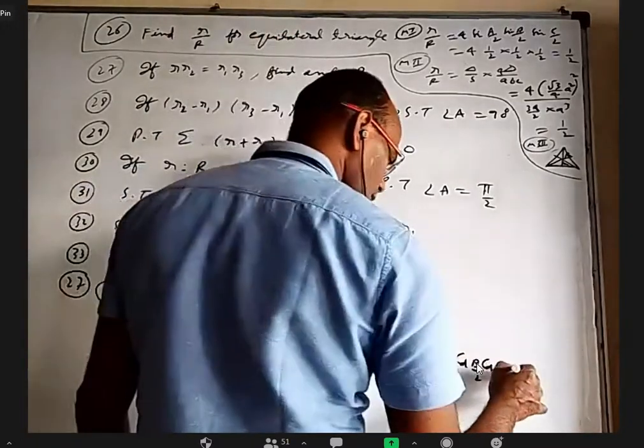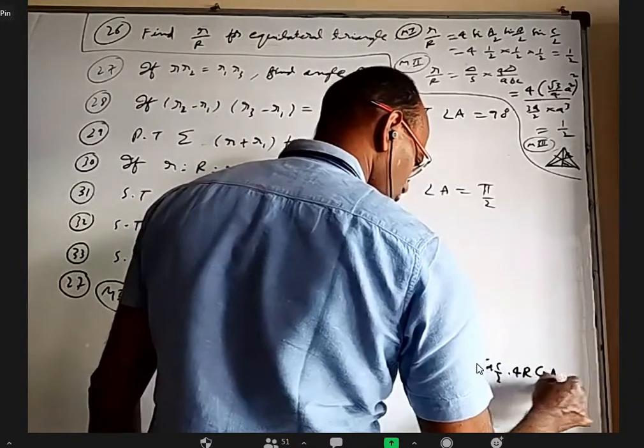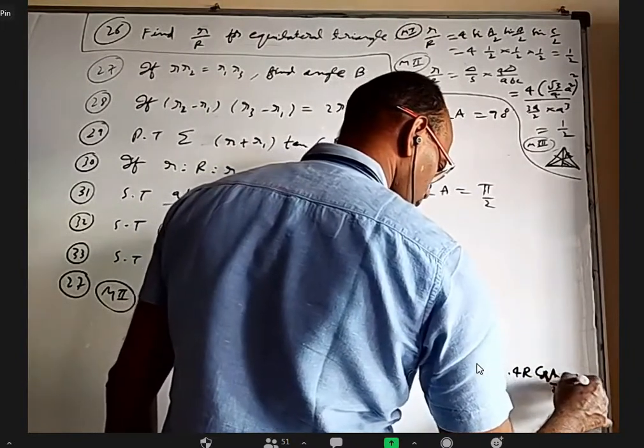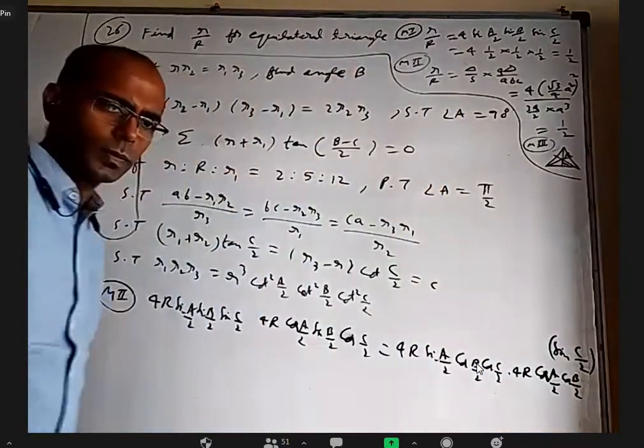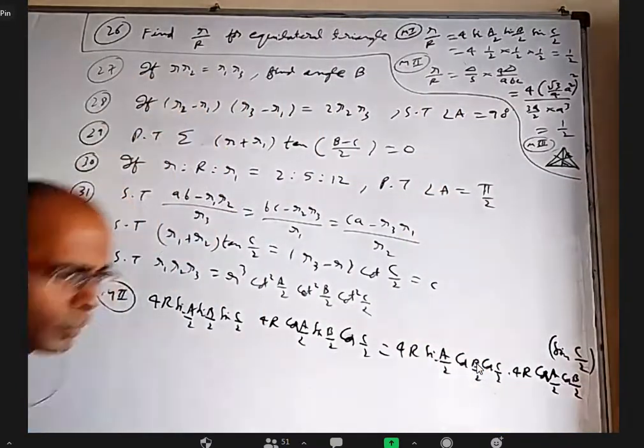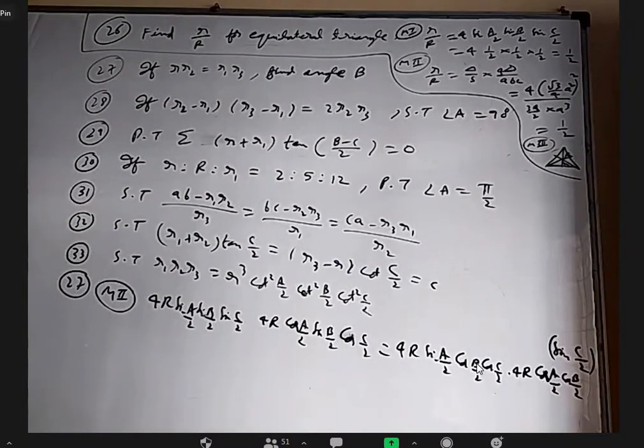And r3 is 4 capital R cos A by 2 cos B by 2 sin C by 2. Okay, so 4R we can cancel.